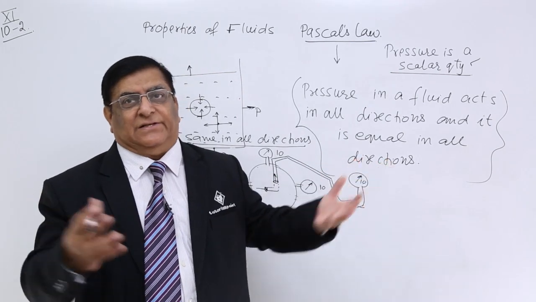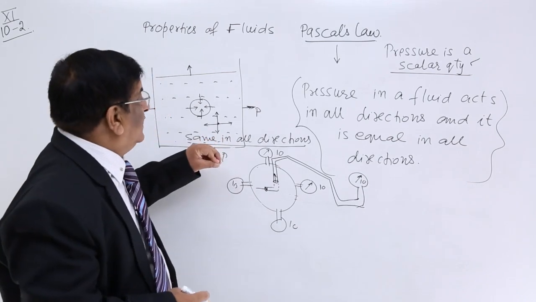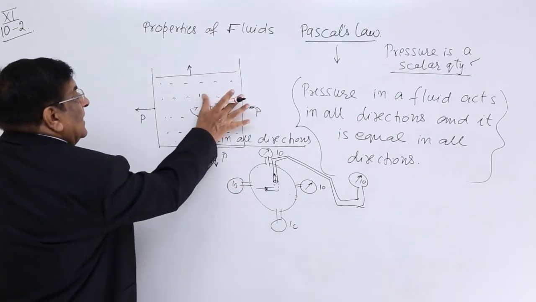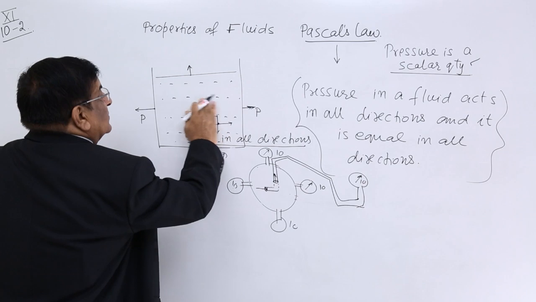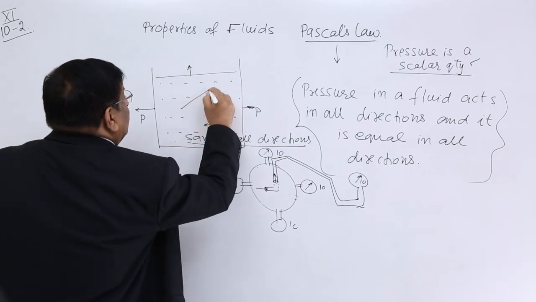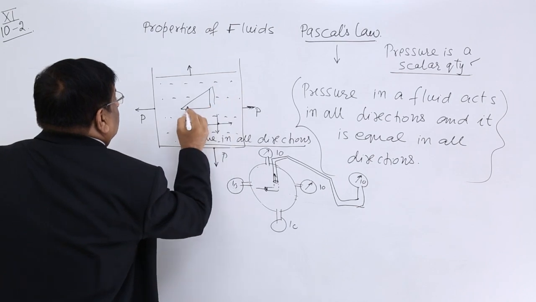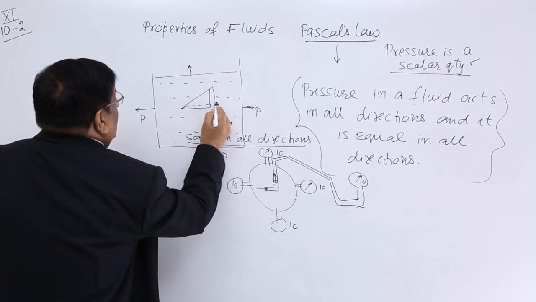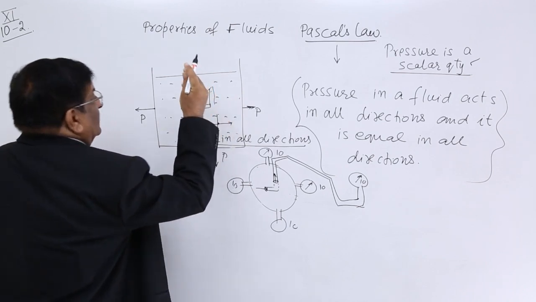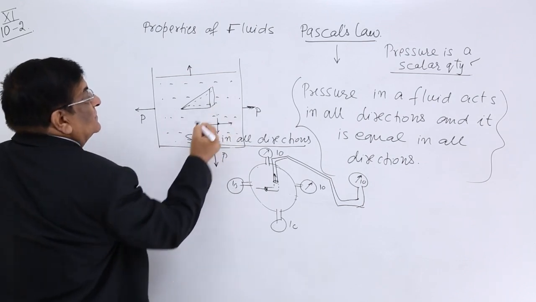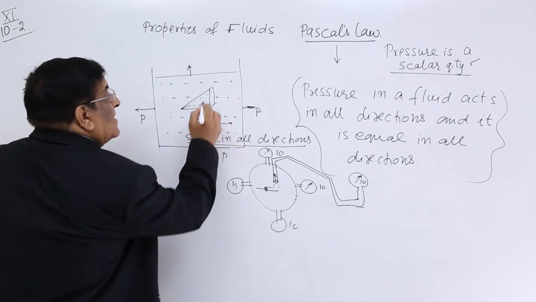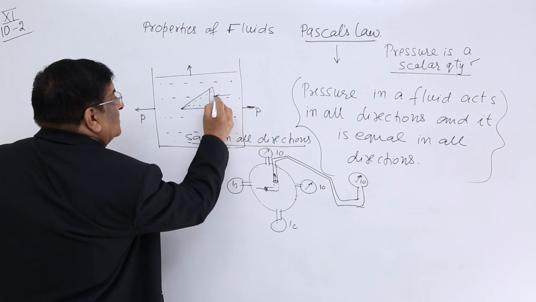This is Pascal's law. If I put a solid in the fluid, and that solid is of this shape, just like a sandwich. On this surface, this is the pressure.